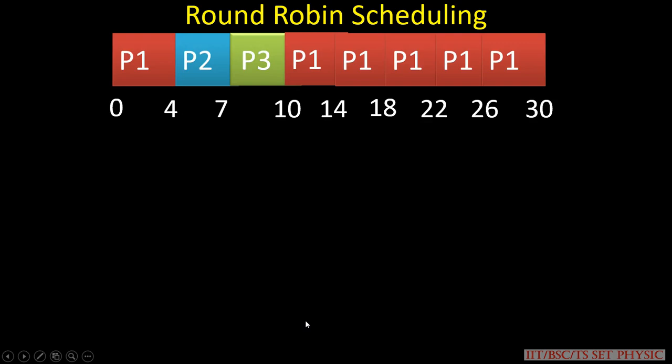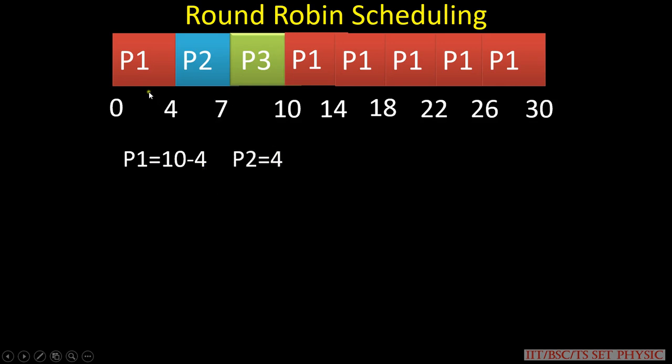Next, we calculate the average waiting time. In the previous shortest job example, this is the waiting time, so 10 minus 4. In the previous example we took 10 minus 1, the value is 9. Similarly, the waiting time for P1 equals 10 minus 4.